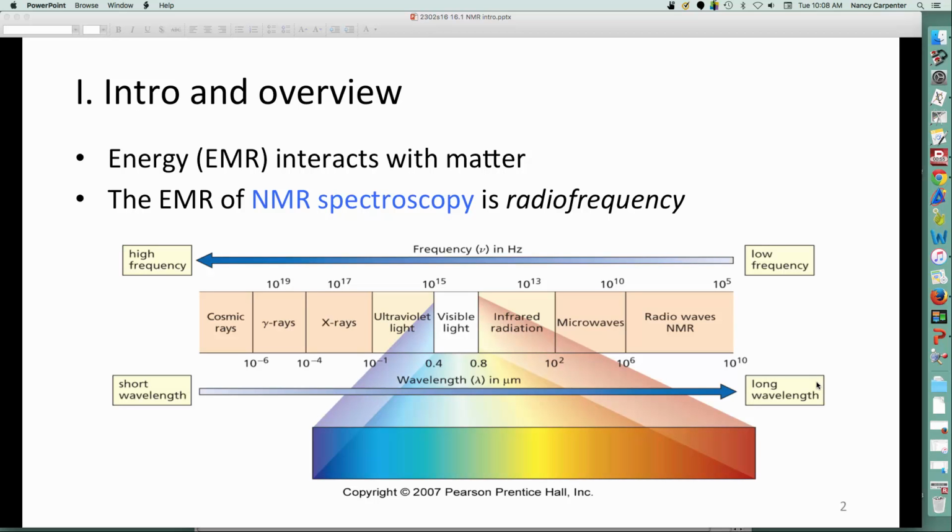When you look at the whole big picture, the whole spectrum of electromagnetic radiation, you see that radio frequency radiation is way down at the far end of the electromagnetic spectrum, where they're low frequency and really long wavelength radiation. So that means small energy.